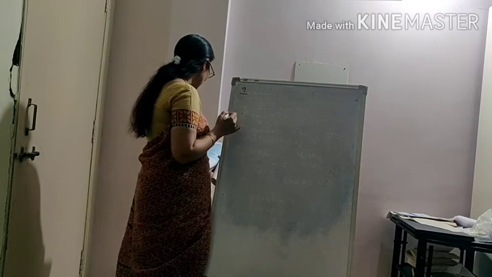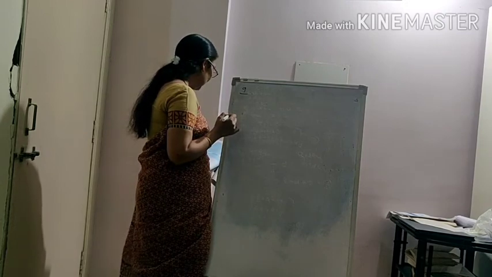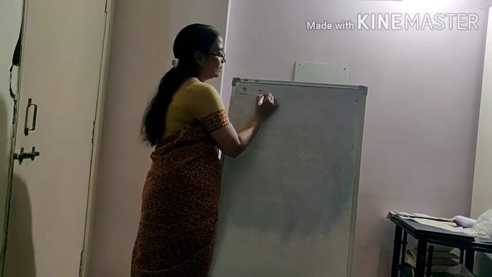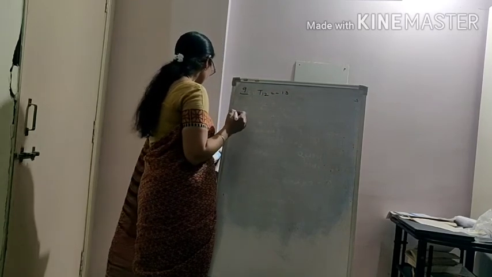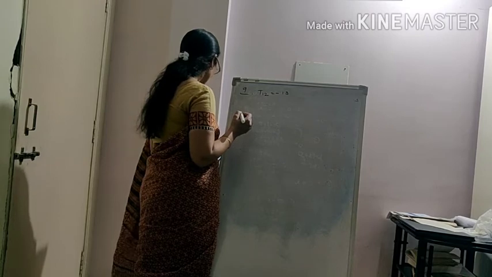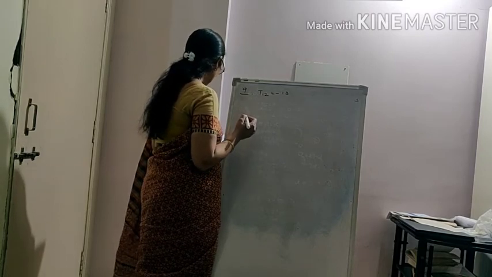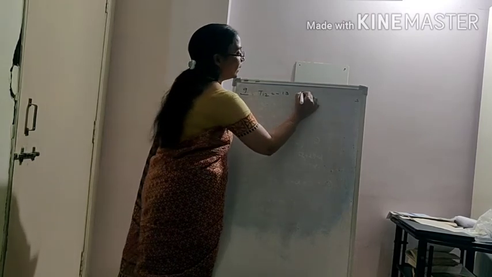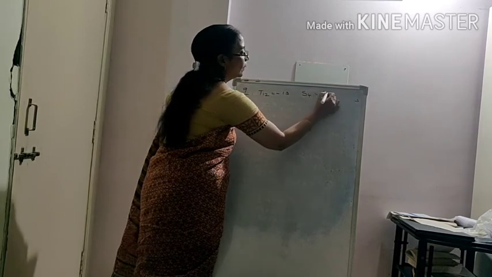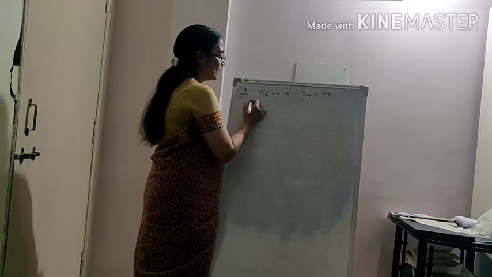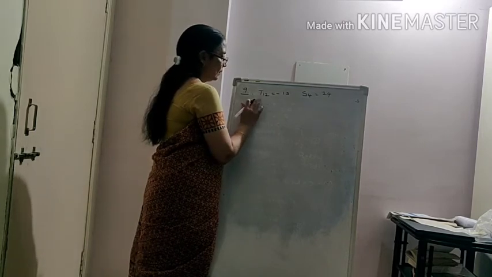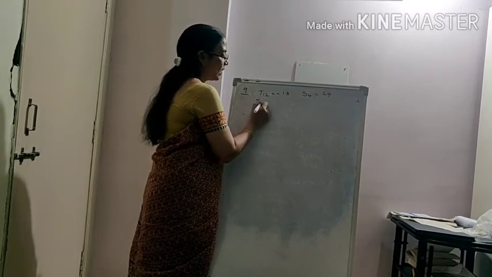In an AP, if the 12th term is minus 13 and the sum of the first 4 terms is 24, find the sum of its first 10 terms. He wants S10.